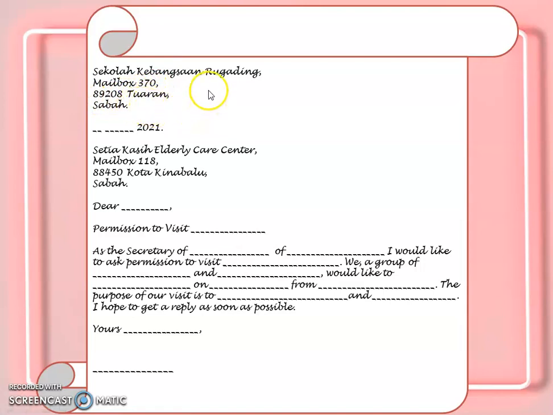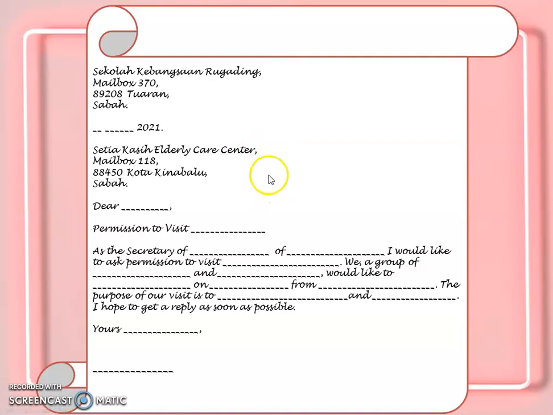And then next you state the date, the day you write the letter. Today's date. Then next is the Setia Kasih address or the receiver's address. Setia Kasih Elderly Care Center, mailbox 118-884050 Kota Kinabalu, Sabah. So you don't have to change anything on the address.